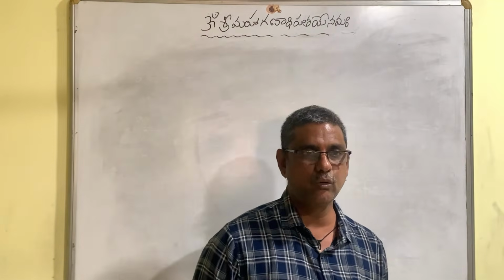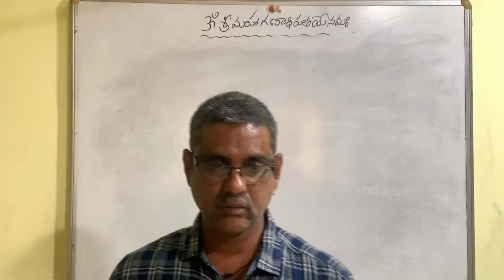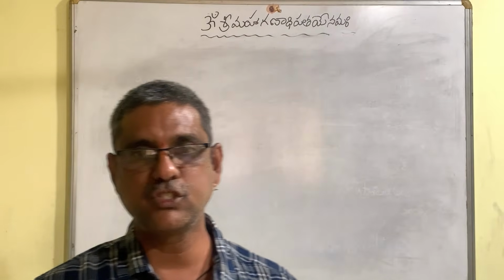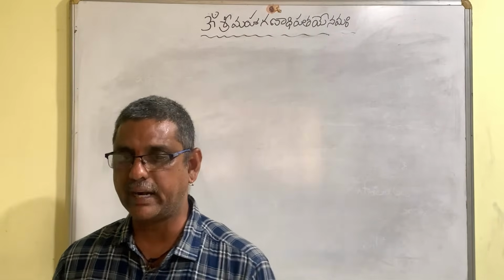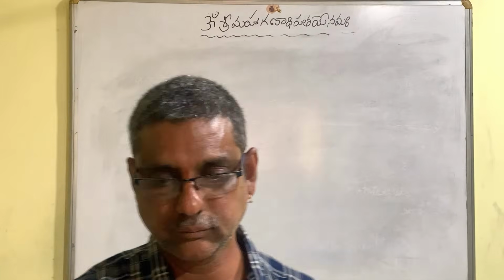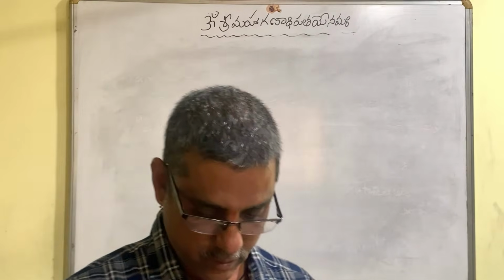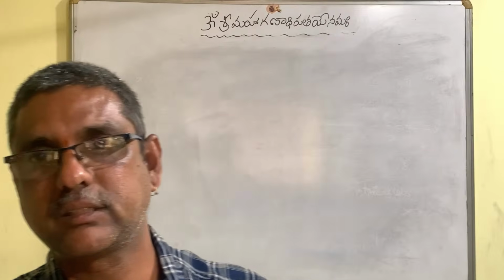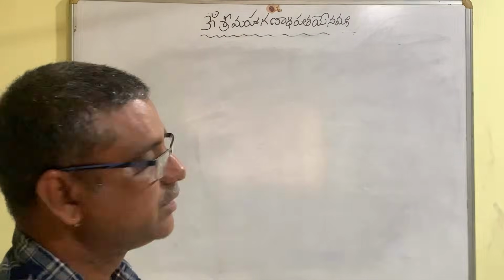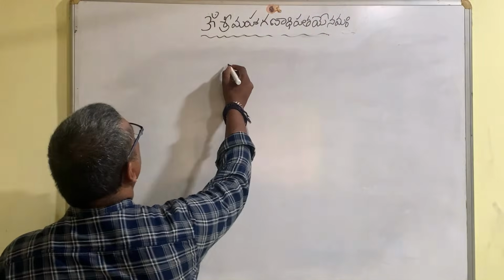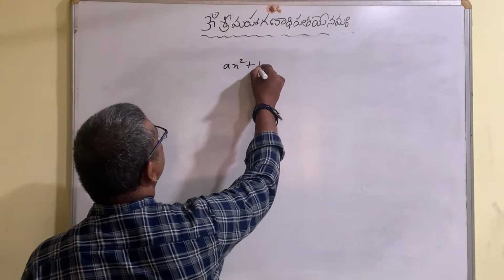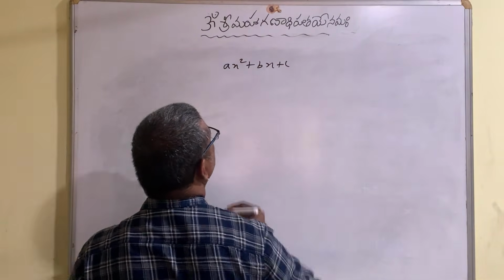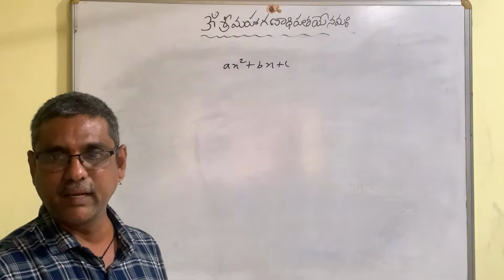Today we are going to discuss problems on zeros of a quadratic polynomial. ax square plus bx plus c is the general form of a quadratic polynomial.